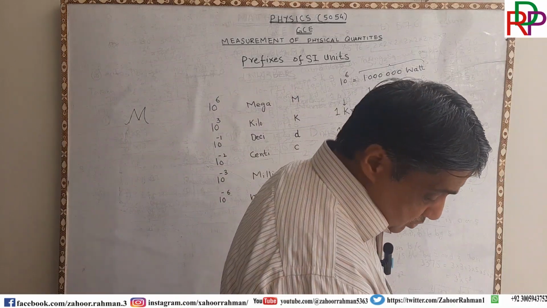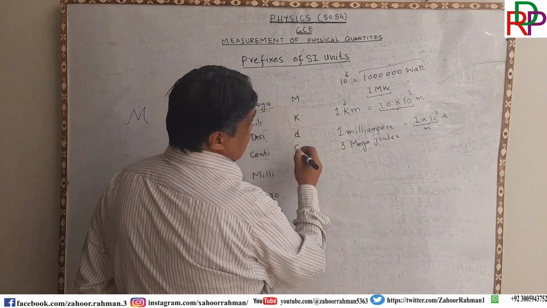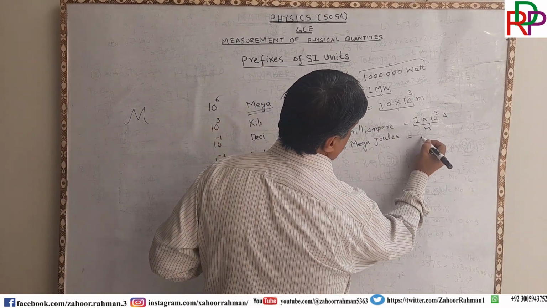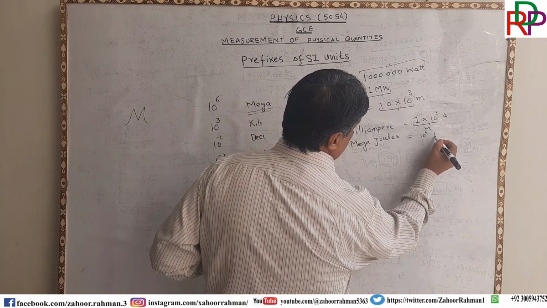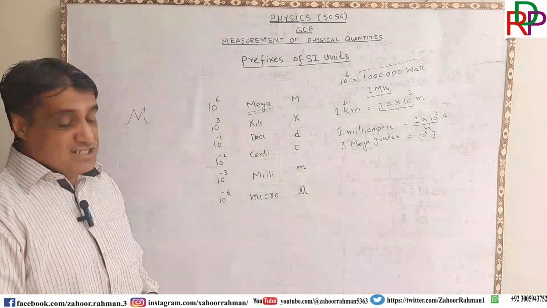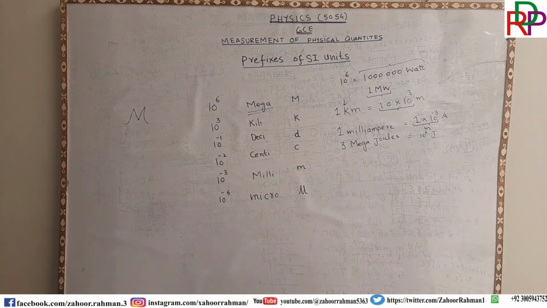If it is mega, instead of mega you can write 10 raised to the power 6 joule.